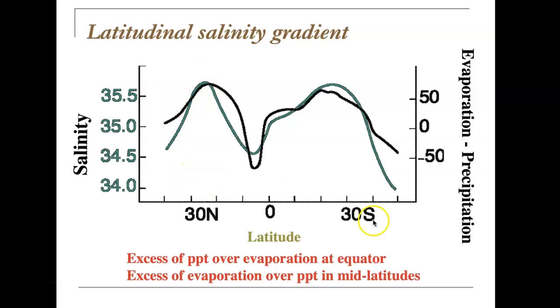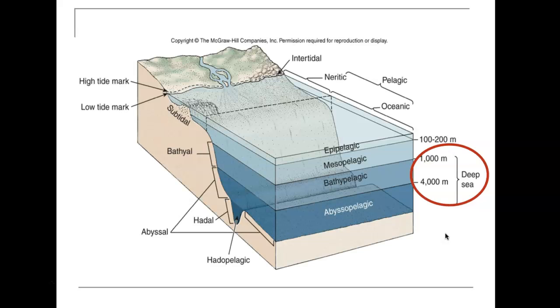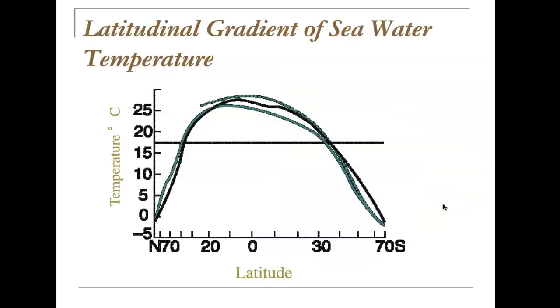And then, of course, it's going to drop back down as we get more precipitation at the higher latitudes. Okay. So again, remember, once we hit about 1,000 meters down, the water column is fairly stable. The temperature is not changing a lot, the salinity is not changing a lot, and the density is not changing a lot. So you're really pretty stable there.